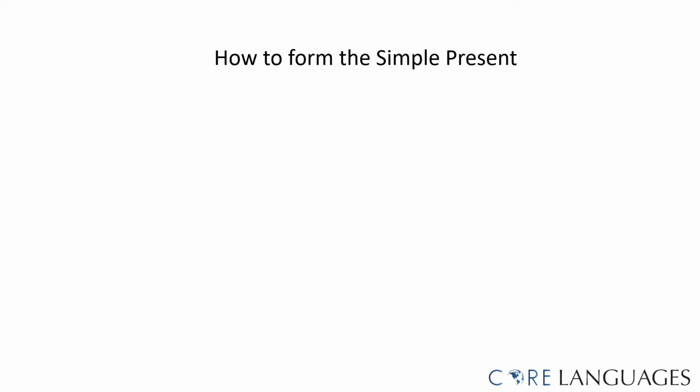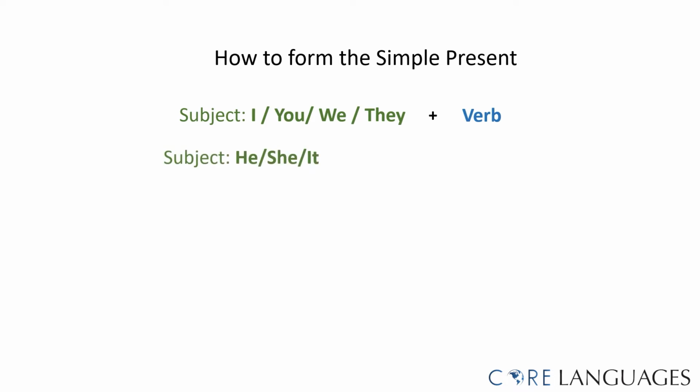Let's first review how to form the simple present. To form the simple present, we need a subject and a verb. If the subject is he, she, it, we need a verb and the verb ending s, es, or ies. For example, I go to the store.